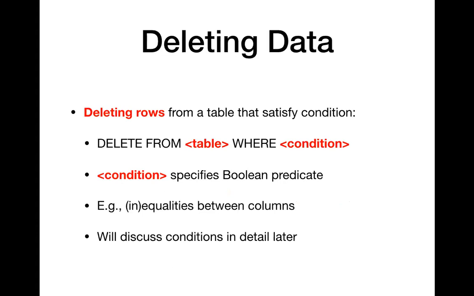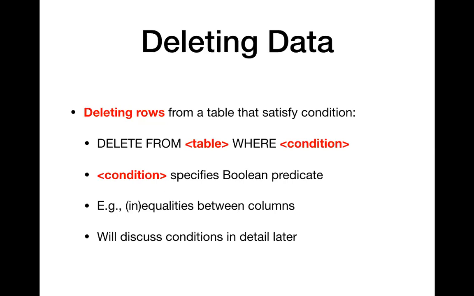We can insert data. Of course, we can also delete data. You can delete rows from a table which satisfy certain conditions with the command that you see here: delete from table name where some condition holds. And that condition essentially specifies which rows in a table you want to delete. We will see in more detail later which syntax you can use for those conditions.